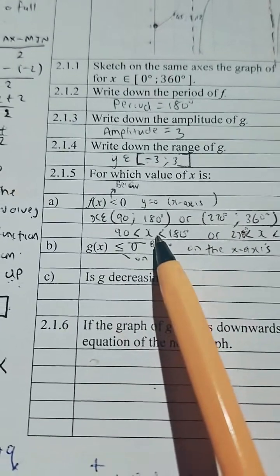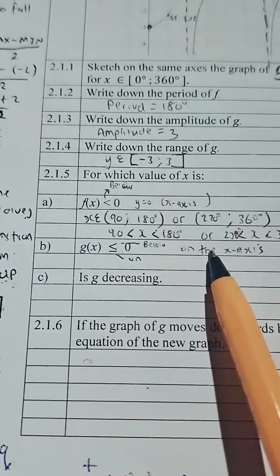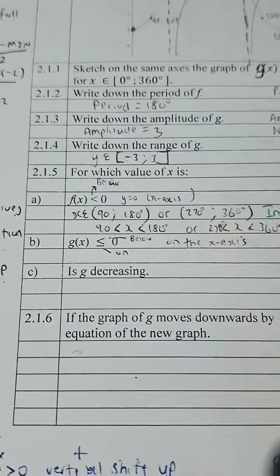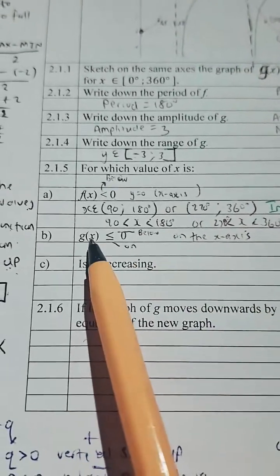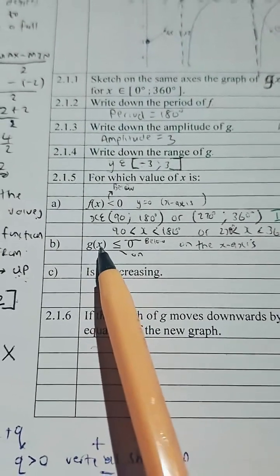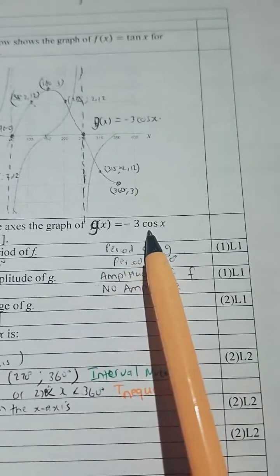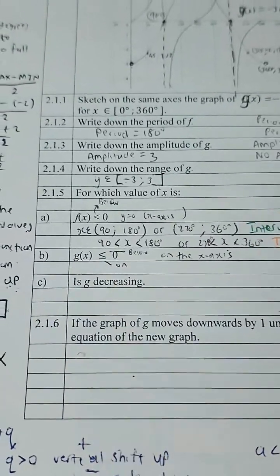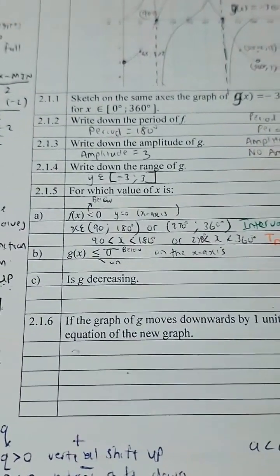Now we look at below and on the x-axis. This g of x is to specify that we are talking about the cost graph, this function. And yes, g of x means y.